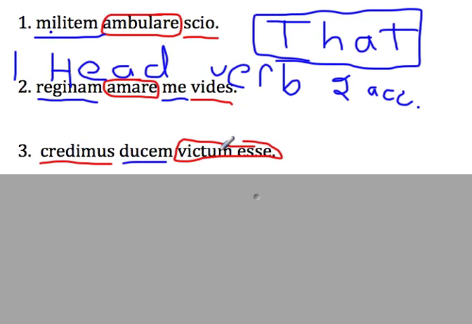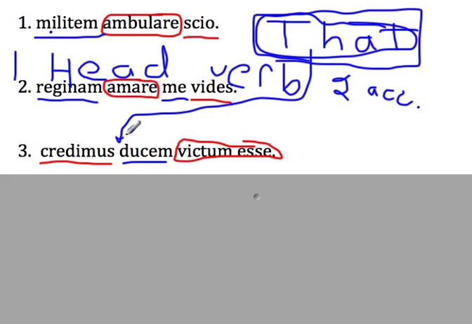This is an indirect statement. And remember, when we translate it, we're going to insert the word that after the head verb. We're going to translate the infinitive like a normal verb. But please note, this is a passive infinitive, so we need to keep this passive. So, credimus.